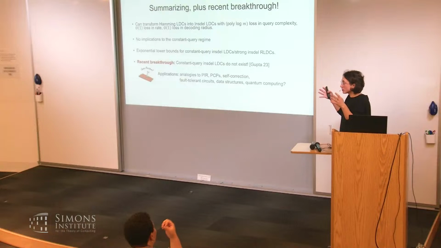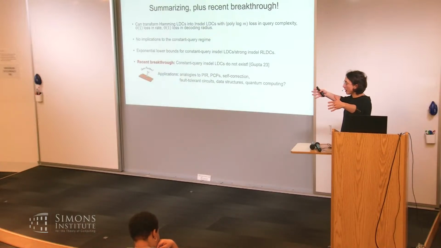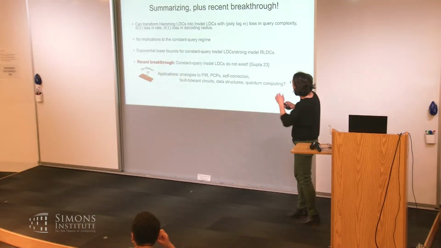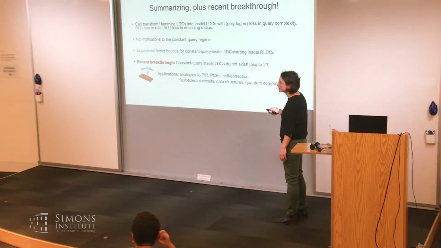So it's just a transformation. You take your Hamming LDC, and just thinking, for Hamming LDCs, what is the decoding radius? Isn't that just one? No, the distance, not the decoding. Oh, I said decoding radius. Sorry, distance.